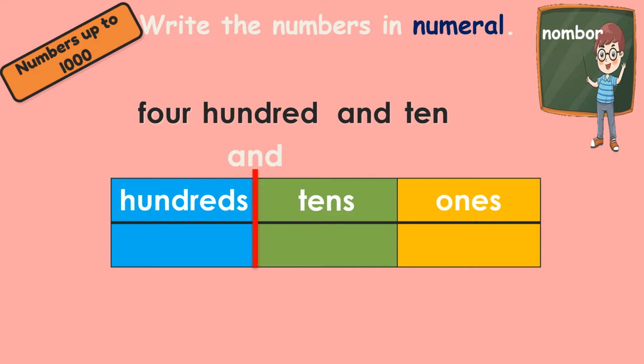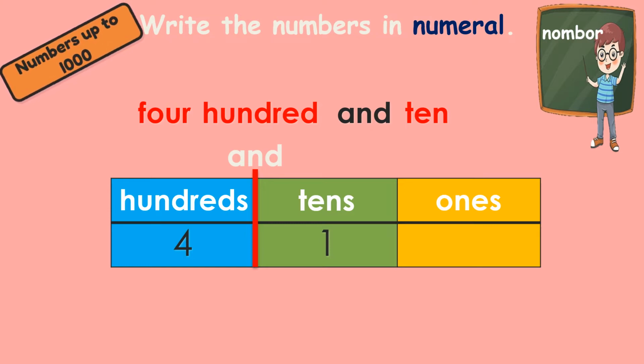Now let's start from hundreds. Look at the word for 100. So we write number 4. Then the word N. For tens and ones place, we look at the word after N. 10. 10 in tens we change to 1.